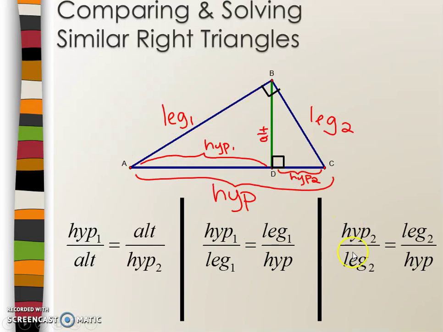Okay. And then hypotenuse 2 and leg 2 is the same ratio as leg 2 and then the big hypotenuse. Okay. So I want you to understand these three ratios within a right triangle, similar right triangles.